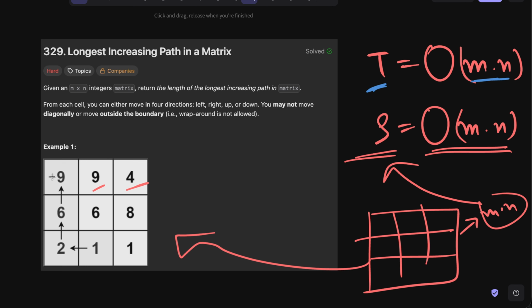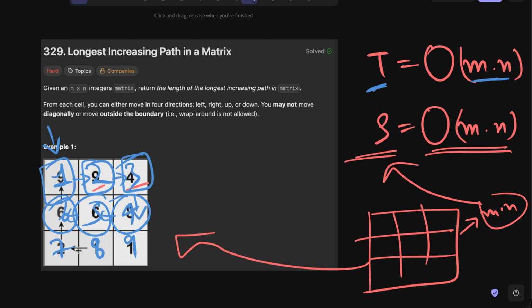Now the other edge case is that all of them are increasing: 1, 2, 3, 4, 5, 6, 7, 8, and 9. So I can start from the 1 here and run the DFS. I will have a recursive DFS from the 1. I will go to 2 and run a DFS here, go to 3 and run a DFS on this one, go to 4, run a DFS here, go to 5, go to 6, run a DFS recursively, go to 7, then 8 will be called, then 9 also.